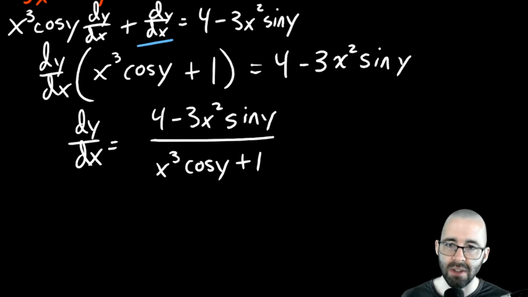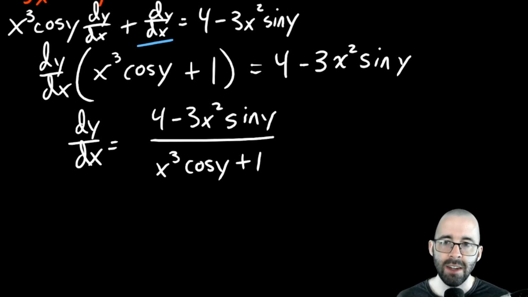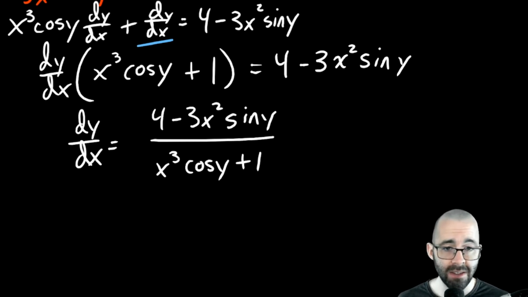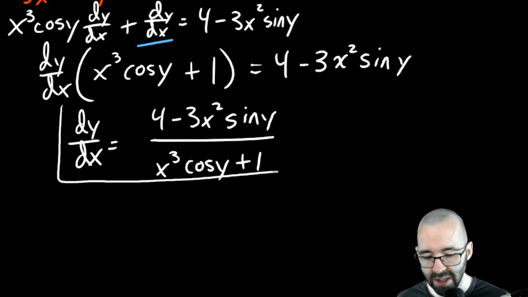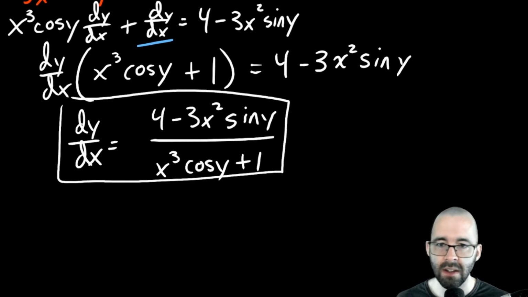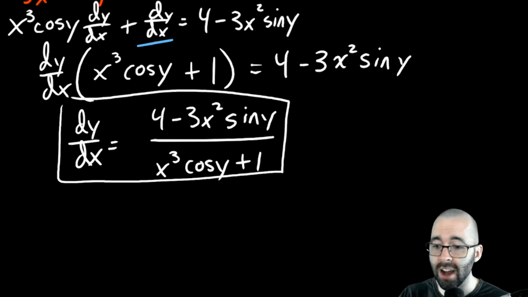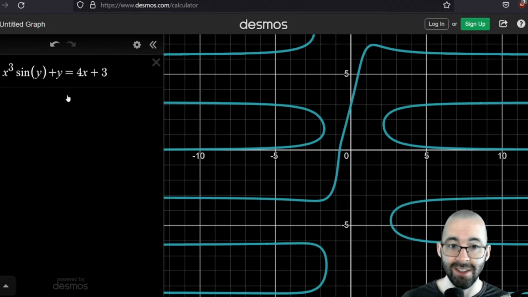You might be able to factor and cancel. But here, neither the top nor the bottom factors, and you can only cancel if everything is completely factored. You can only cancel common factors. So that is the derivative of this beauty with respect to x.